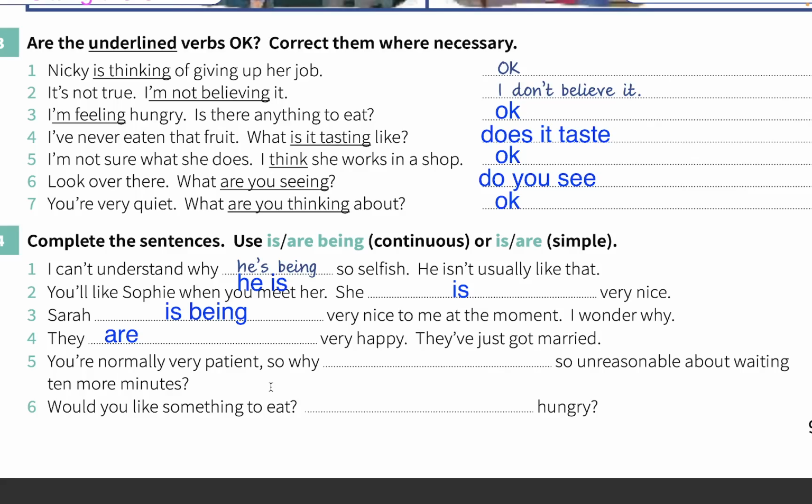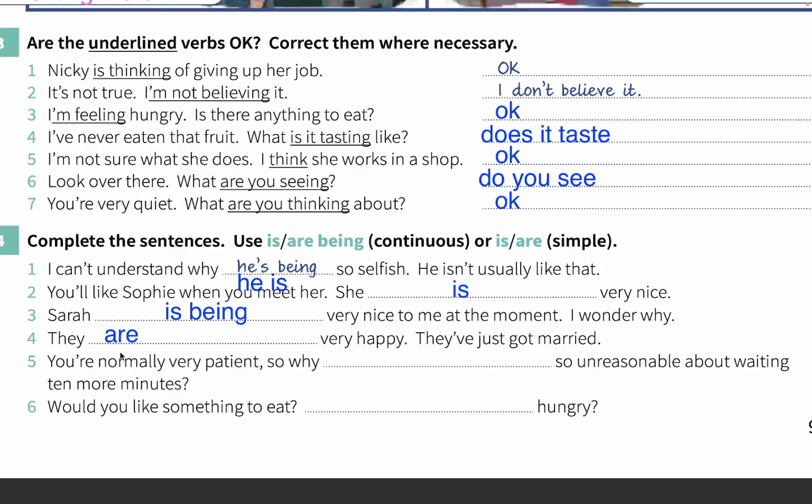I think because number 4 is the simple sentence, and that's why we use are. And in this sentence, they also explained that they just got married. So I think we can use are. Yes. So here, generally, because they've just got married, we are using are.